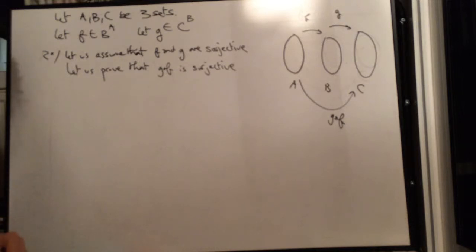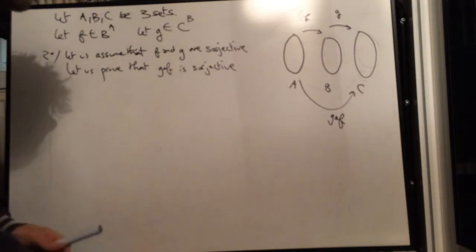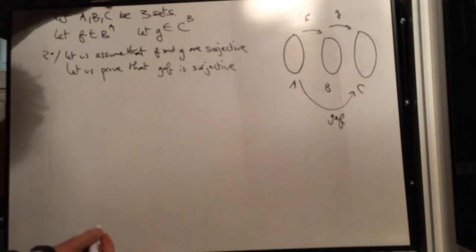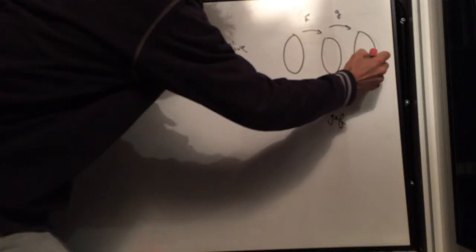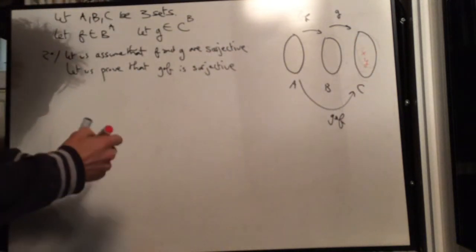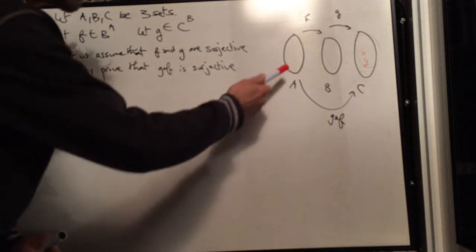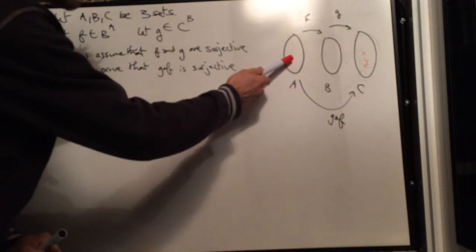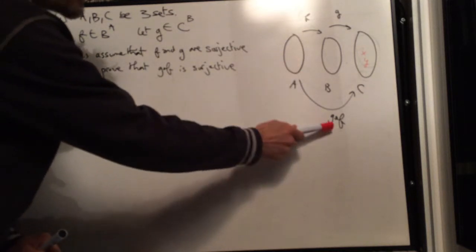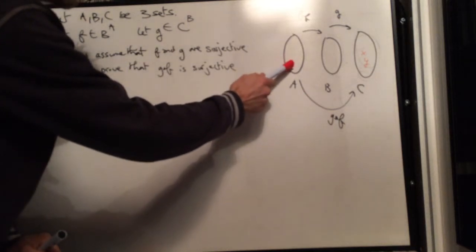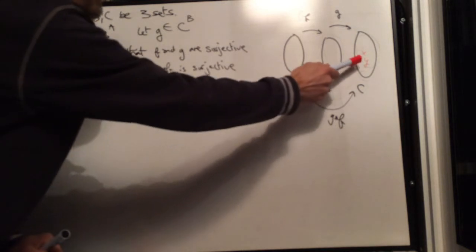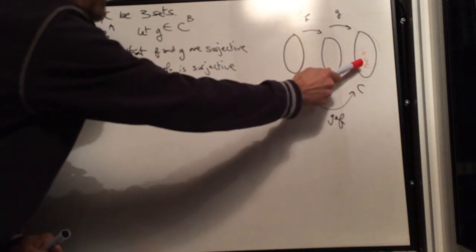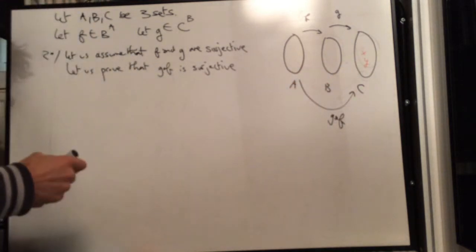To prove that a function is surjective, we take an element in the set of arrival of the function. I call it y, and I'm going to build an element in the set of departure of g of f, an element whose image will be equal to y by g of f.